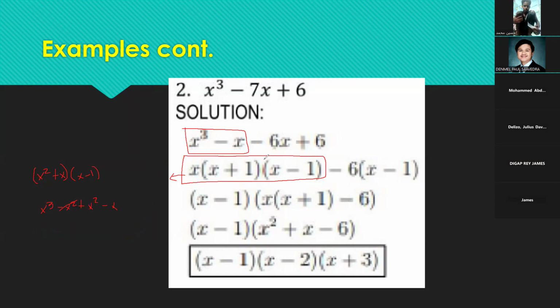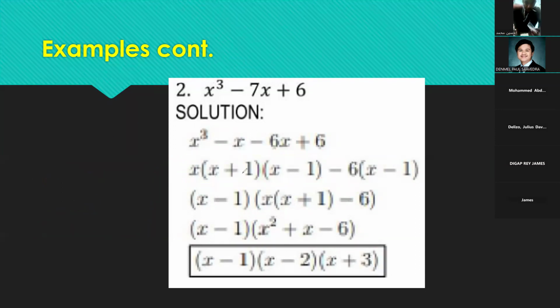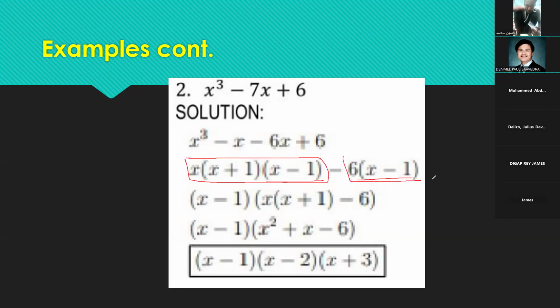Okay, let me just erase everything so that it's cleaner. Now, we have this one. As you can see, we can factor out x minus 1 in both of our expressions. So this is one term, this is another term, or this is one expression, this is another expression, separated by a minus sign.